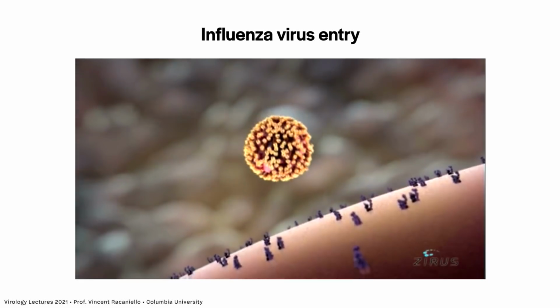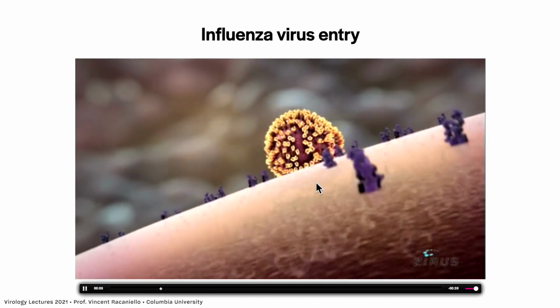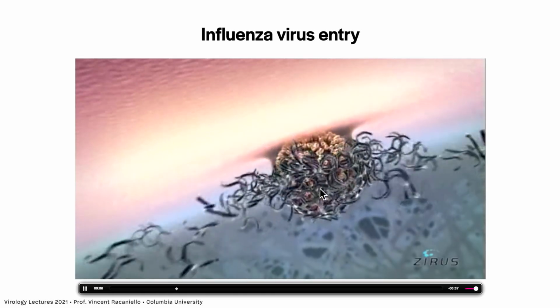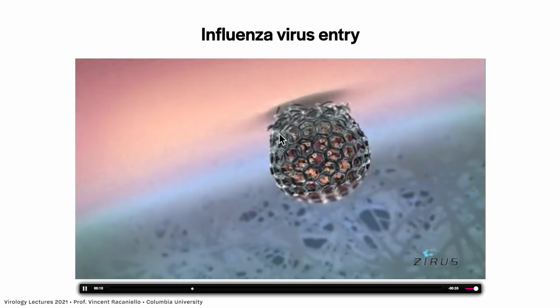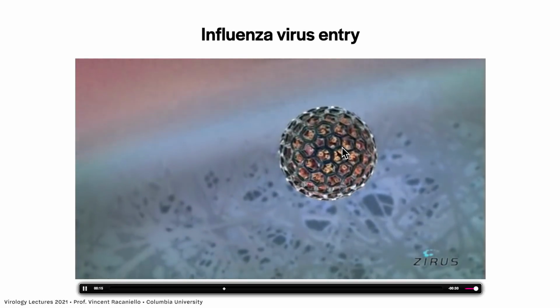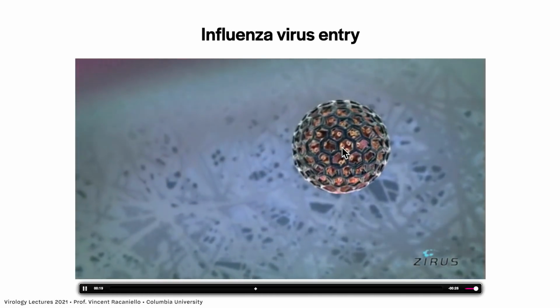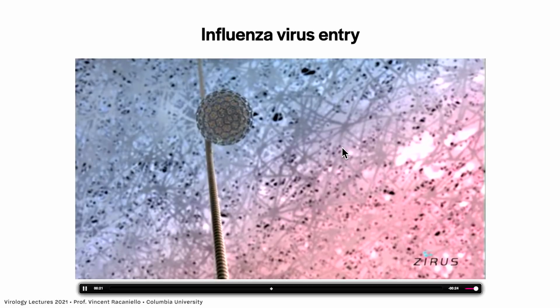So now we have an animation of influenza virus binding cell surface. It's being taken up now by endocytosis. These are clathrin molecules coating the endosome. And now they did the right thing.